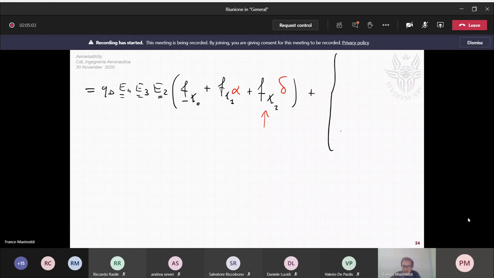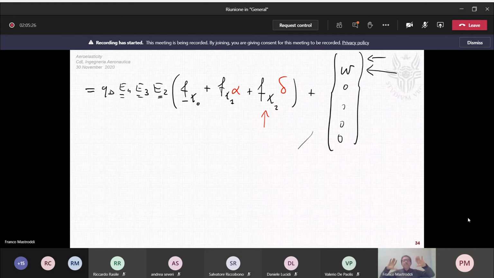We have 0 in the load vector, but we have the W vector in the second equation of vertical translation. And question for you, aeronautical expert. Here, I should write the contribution of the aerodynamic to the pitch.